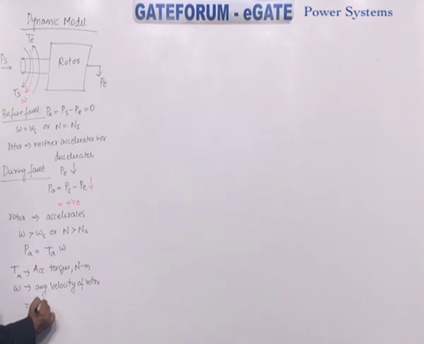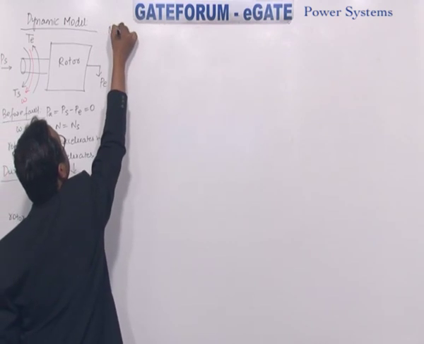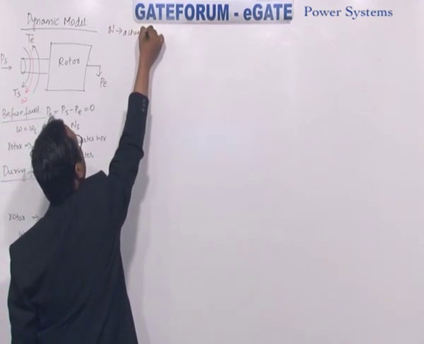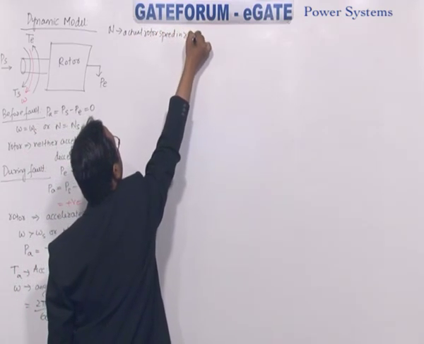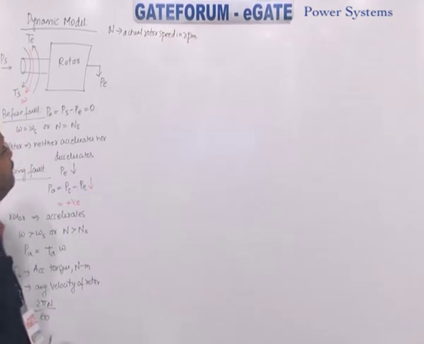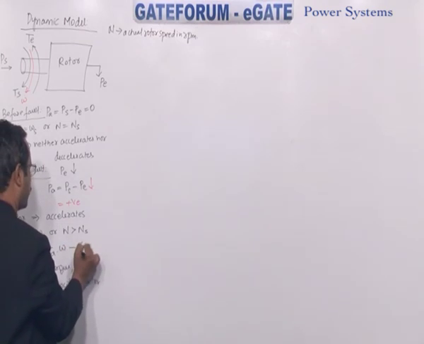How much is it? 2 pi n by 60. What is n? N is the actual rotor speed in RPM. So say this is equation 1.